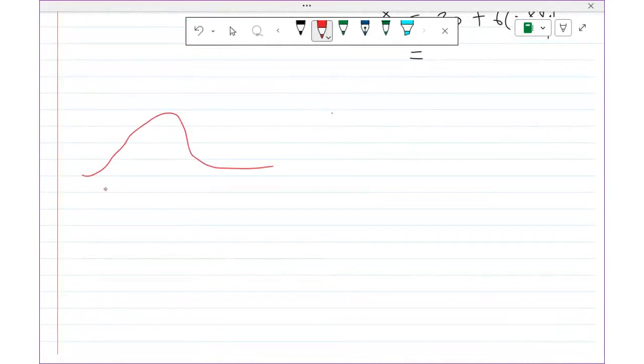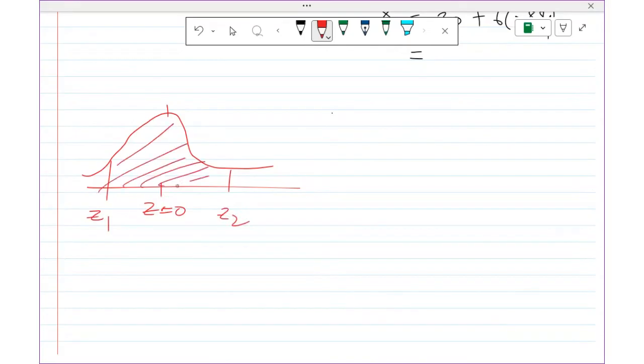So first we will draw the standard normal distribution with the center z equal to 0. And we have to find two values of z first. So let us call the first value z1, second value z2, so that they cover how much area in the center. So the center is 75%. So 75% means 0.75. Okay, in the center.